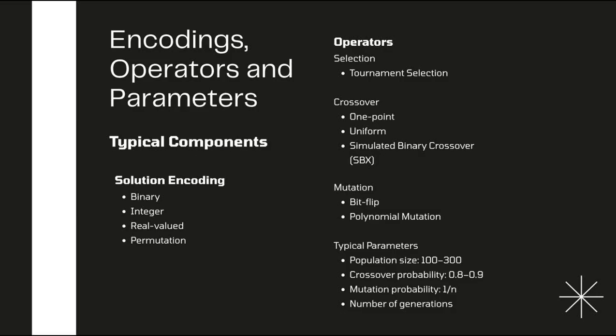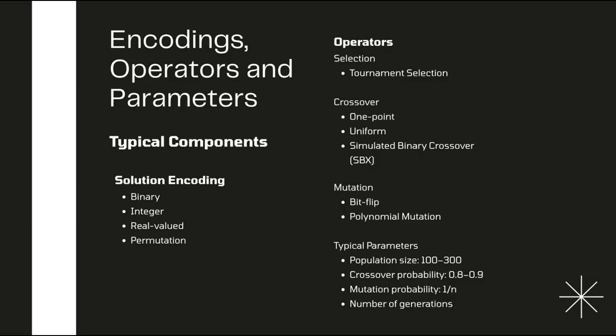For selection, tournament selection is commonly used. For crossover, we can use methods such as one-point crossover, uniform crossover, or simulated binary crossover, also known as SBX. For mutation, common options include bit flip mutation and polynomial mutation.